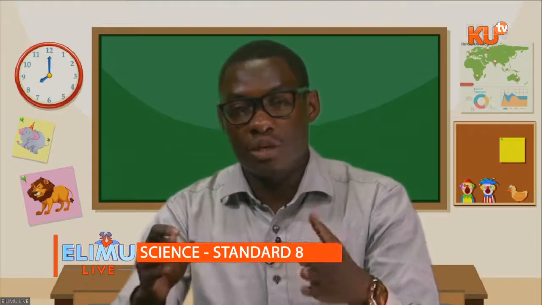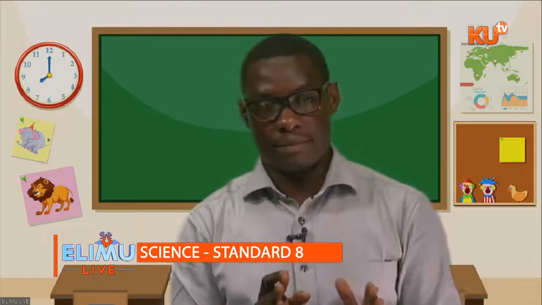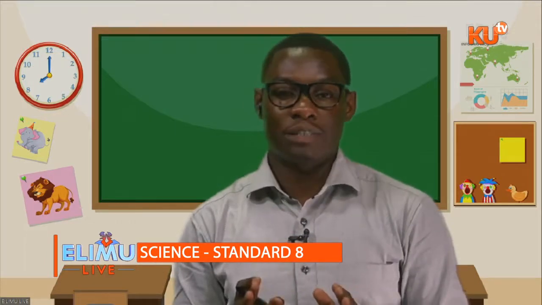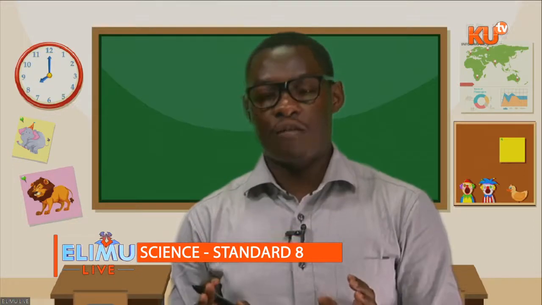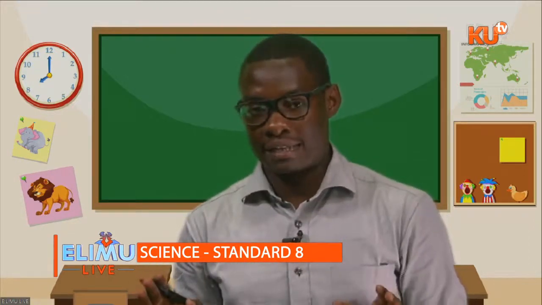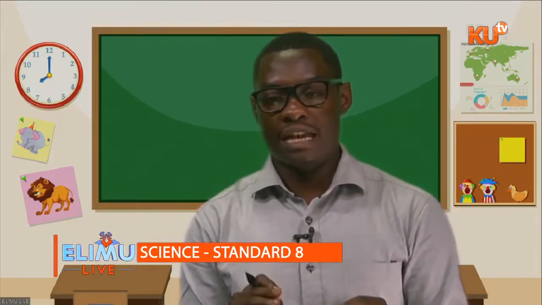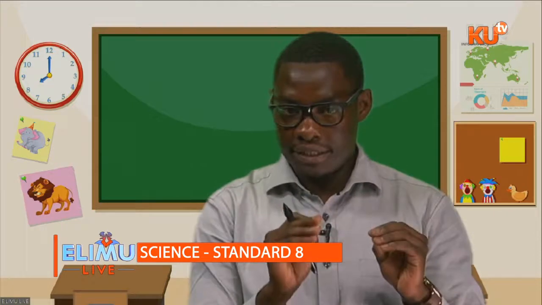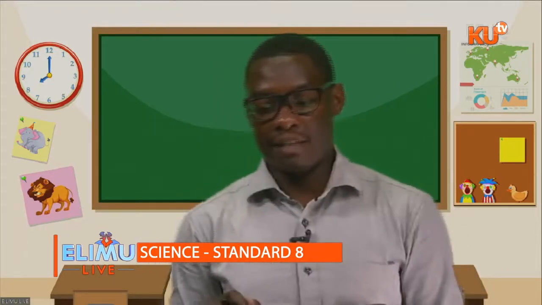The physical changes, we have physical changes specifically for boys, we have physical changes specifically for girls, and we have physical changes for both boys and girls, which are similar for both. So let's first of all look at the physical changes that are specifically for boys and specifically for girls, because that is an examinable area.